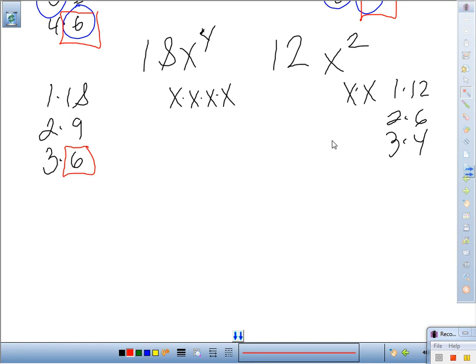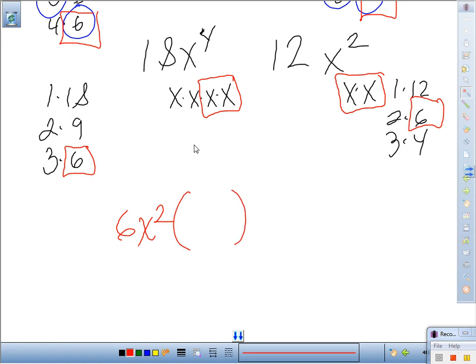6. Okay. Now looking at the variables, which is the greatest amount of variables that both of them have in common? 2 variables, this one and this one. So that is written as x squared. Okay, so to find my other factor, what do we do?